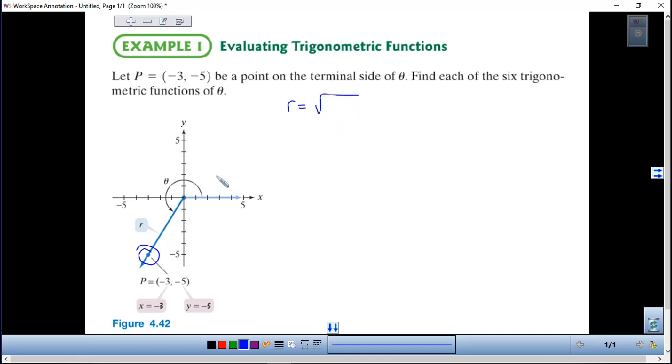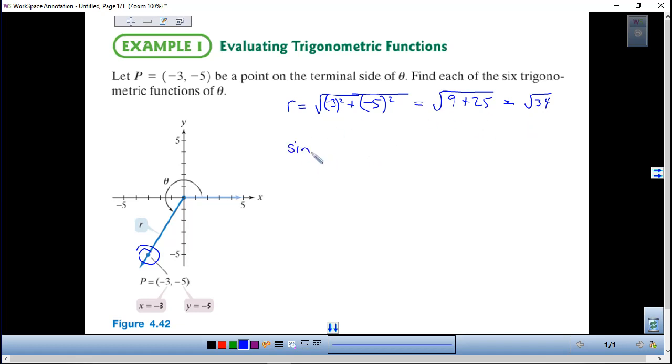So r is going to be the square root of (-3) squared plus (-5) squared, which is the square root of 9 plus 25, which is the square root of 34. All right, so that's your radius.